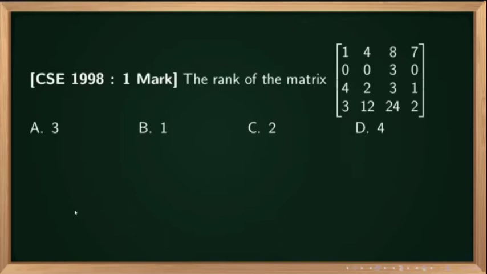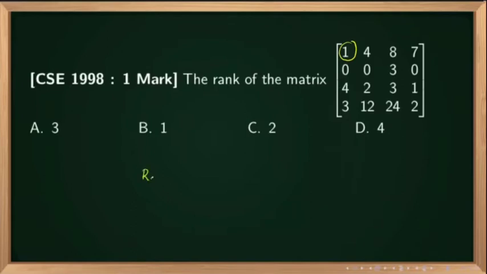So I have actually explained the procedure before, how to convert a matrix into echelon form. You just need to do the elementary row operations. See, take the first element as a pivot element and convert the elements below it to 0. So I need to make 4 and 3 zeros.